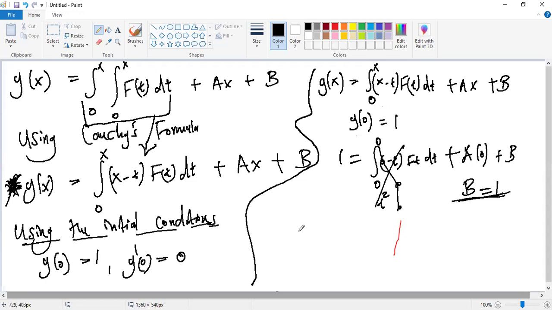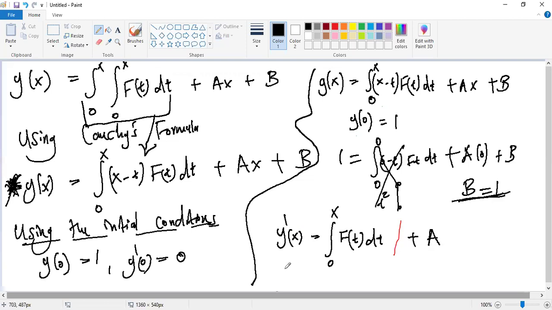Now, using the second initial condition, we evaluate again so that we can get the value for the other constant. The next condition says that y prime of 0 is equal to 0. What was our y prime in evaluation? Recall, y prime of x was equal to the integral from 0 to x of f(t) dt plus a.